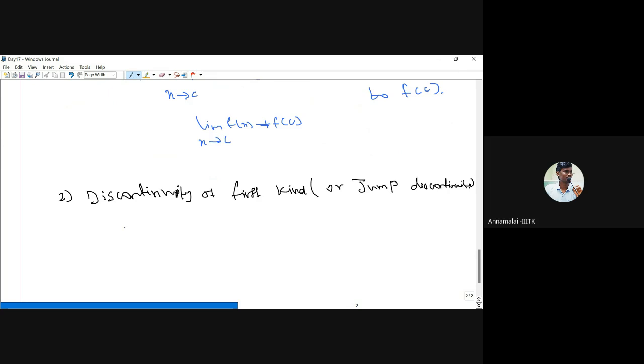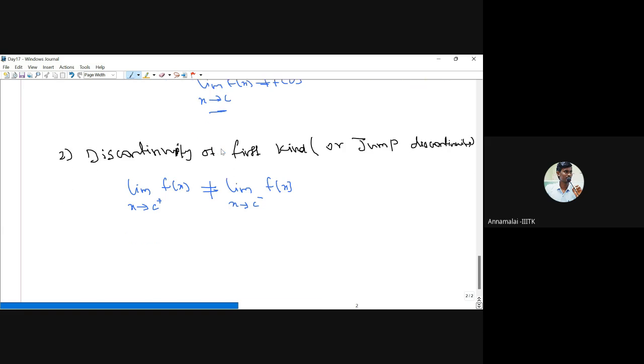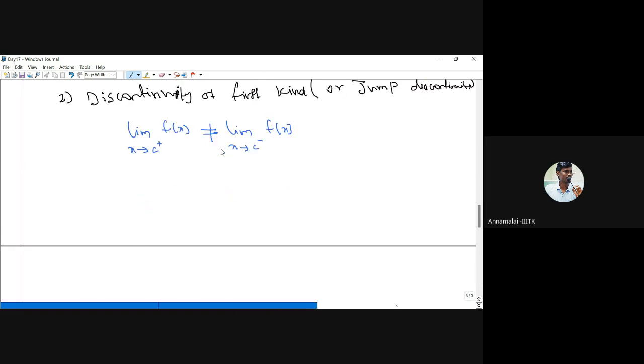That is, the limit as x goes to c+ of f(x) exists but is not equal to the limit as x goes to c- of f(x). Such a discontinuity is called a jump discontinuity. But in the previous one, both the right hand limit and left hand limit exist and are equal, but not equal to f(c). Here, the right hand limit and left hand limit exist, but are not equal. That is discontinuity of the first kind.